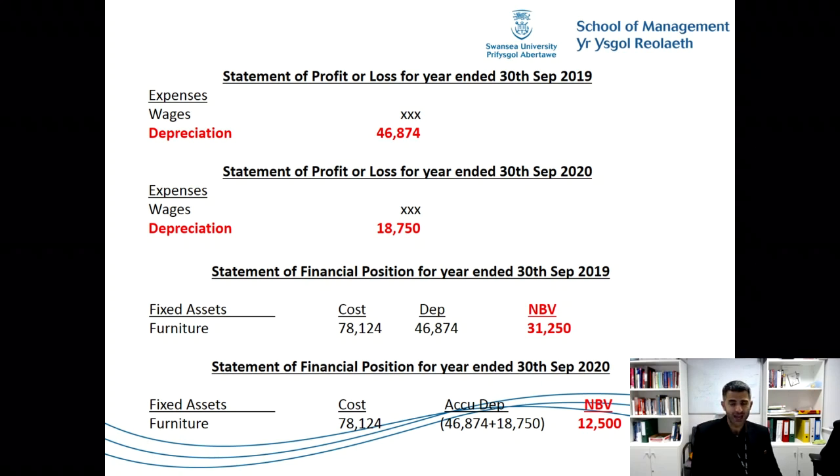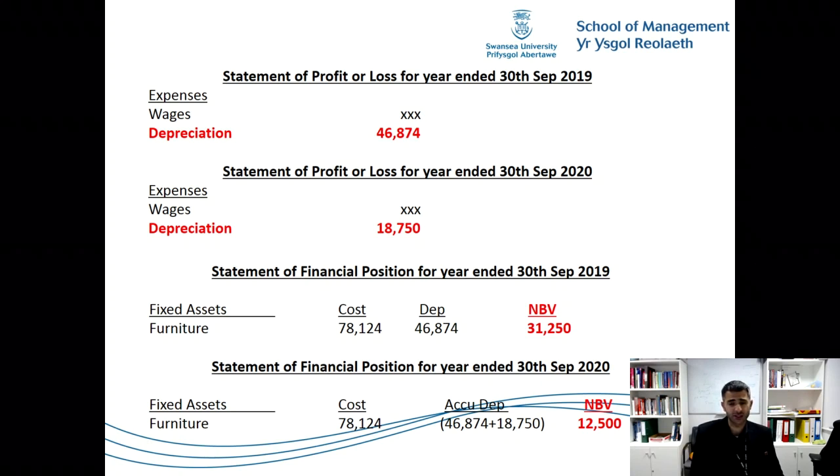In terms of net book value, again, you need to record it in the statement of financial position under non-current assets, fixed assets, and you need to apply the formula which I asked you to do, which is cost minus accumulated depreciation. So in 2019, you take away the depreciation for year one.